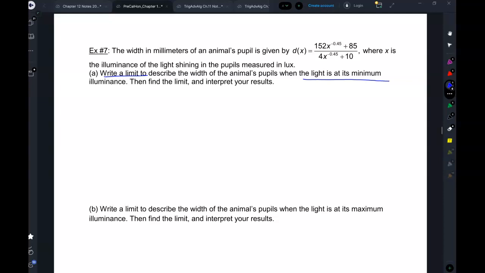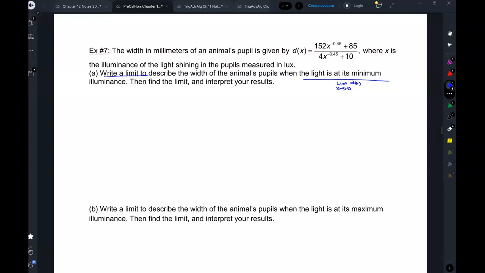So when the light is at its minimum, this is telling you the limit of d of x as x approaches 0. Okay? So the light is at a minimum. It means you have as small an amount of light as possible.